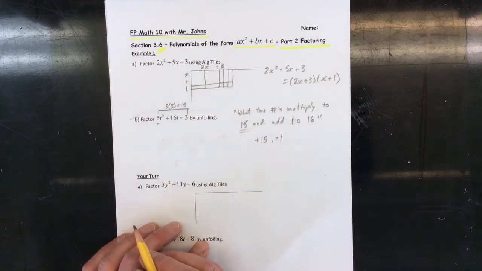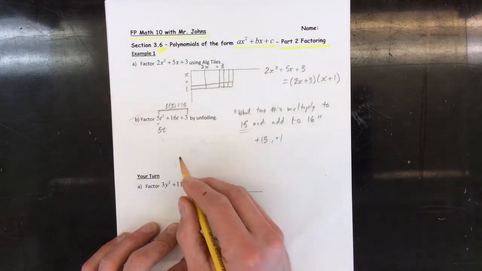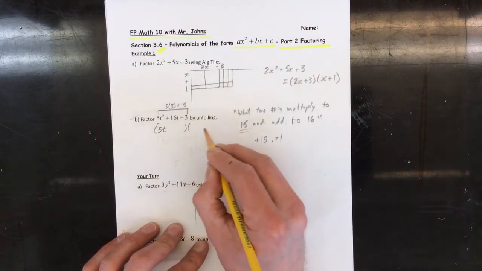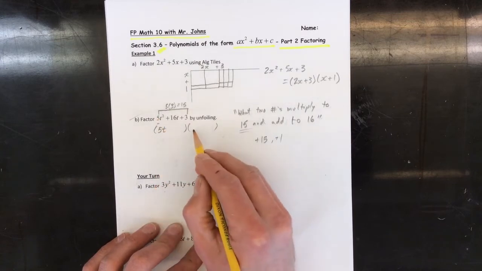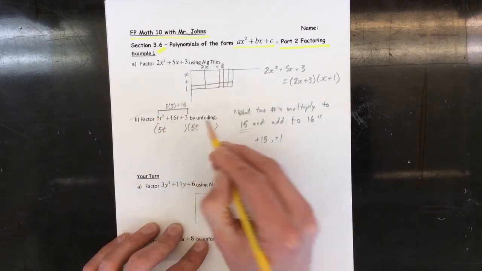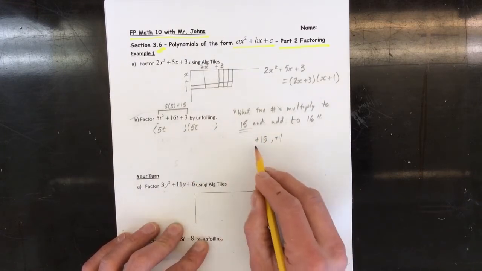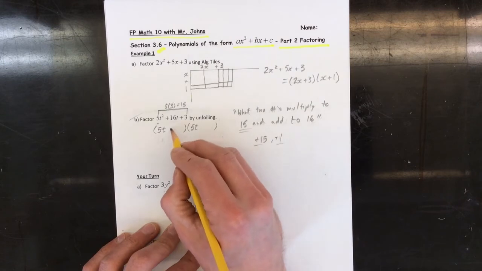It's 5 times bigger than we need. So I write my 5t, and it would have been multiplied probably by a t. But I'm going to put an extra factor of 5 in. And I'll write my two factors, positive 15 and positive 1.